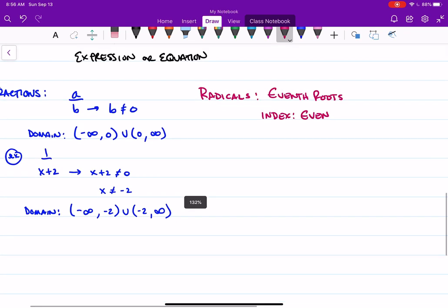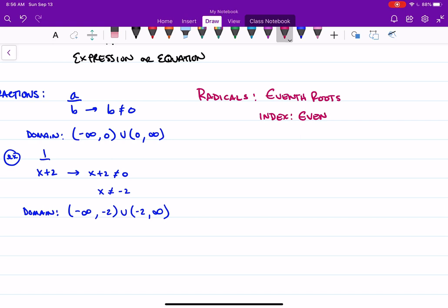So let's say I have the square root of b, right? In this case, b can only be greater than or equal to 0. It can be 0, and it can be greater than 0, but it can't be less than 0, right? Because if we have less than 0, then we're talking about negatives.